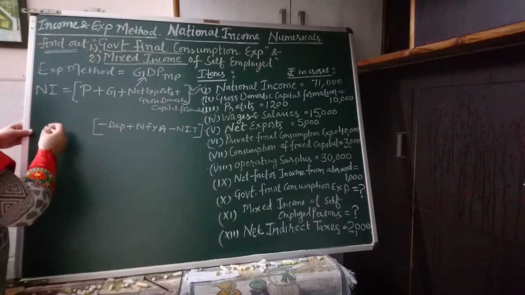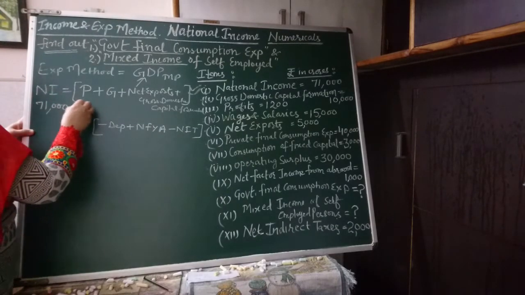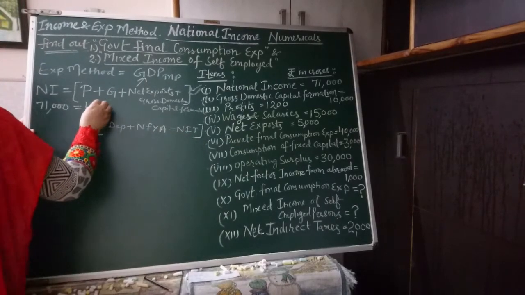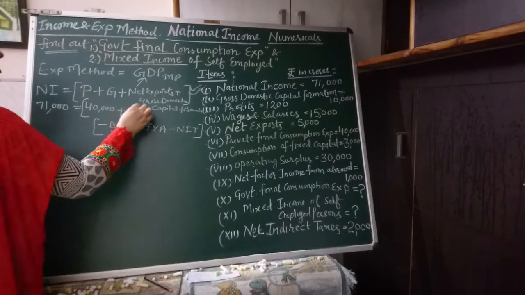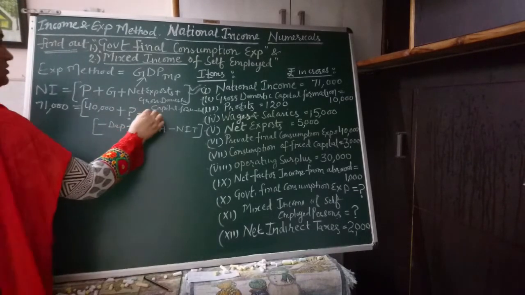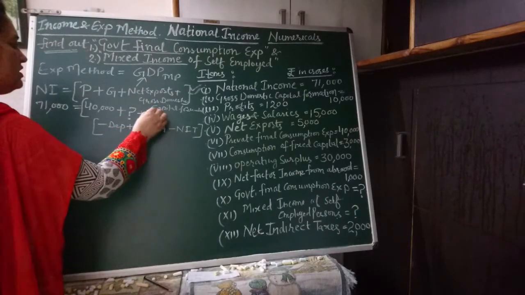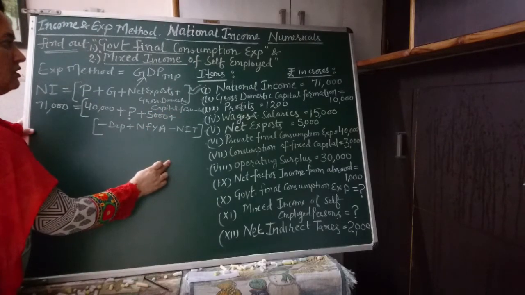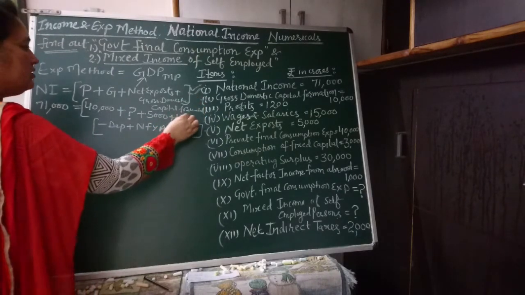So let us put the values. The value of national income is 71,000 is equal to private final consumption expenditure 40,000, government final consumption expenditure we have to calculate, I am putting question mark against this value. Then net exports are given 5,000 plus gross domestic capital formation, that is 10,000.